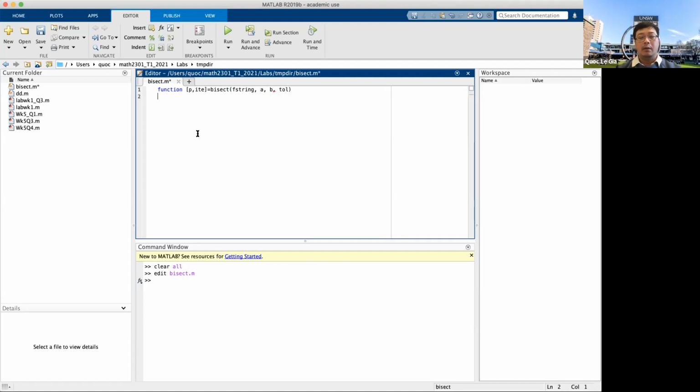Okay, so we write some brief description of the function. So solve f(x) equals 0 using the bisection method.